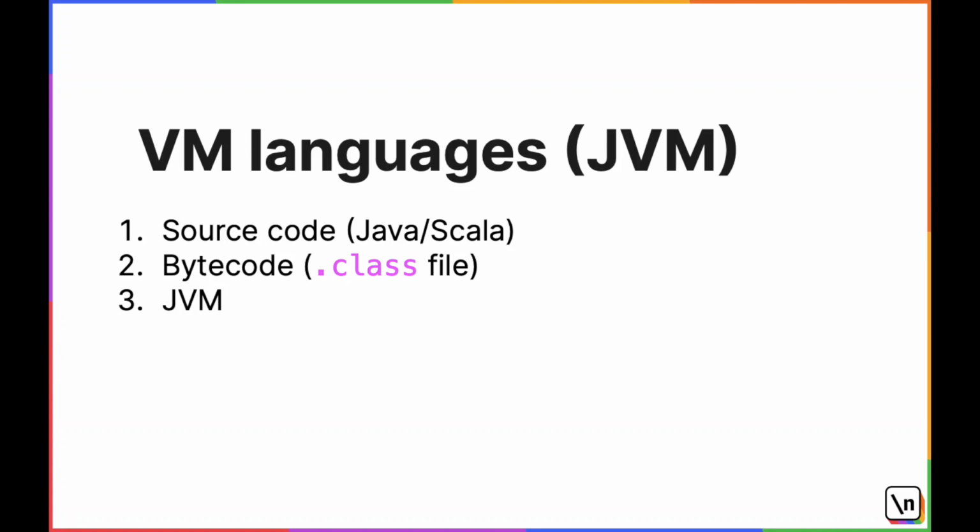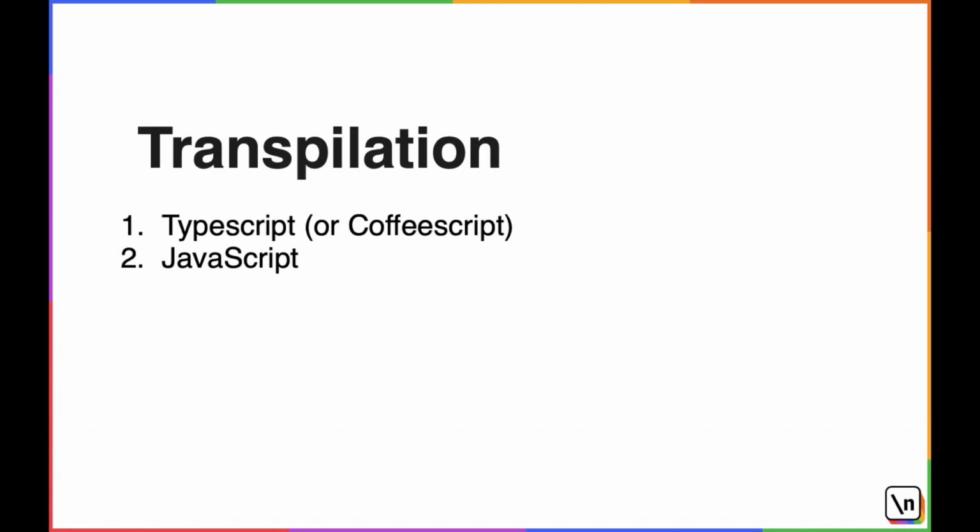Instead of worrying about how the assembly code would be computed, the Java source code is compiled to bytecode. This bytecode can then be run on the JVM that takes care of the lower level abstractions. Another set of languages like CoffeeScript are just converted from one syntax to another.